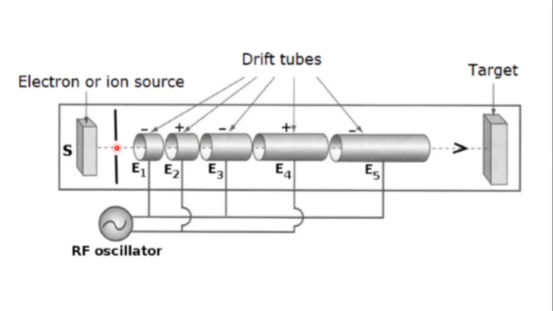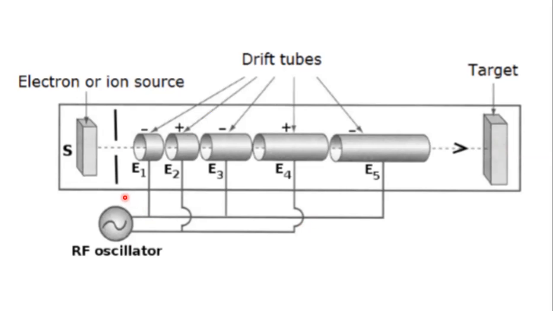When the particle is between the gaps of the electrodes, it experiences a force due to the electric field, and when the particle is inside the electrodes, because the electric field is zero, it will not experience any force, or any acceleration. When the particle acquires a sufficient amount of energy, it is made to strike the target directly.